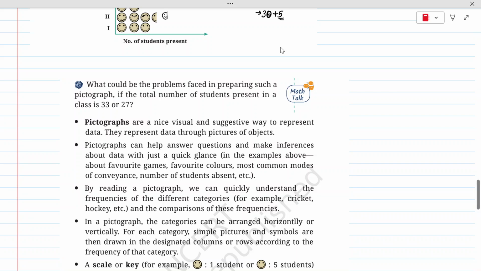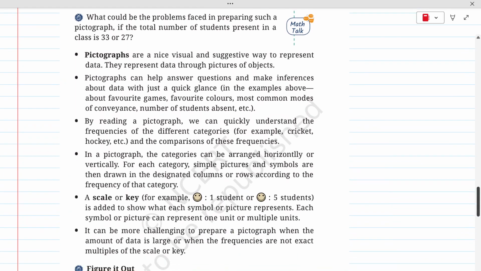But consider the case where we have to represent the number of students as 33 or 27. In that case, there would be an issue, right? So what can we do in that scenario? We can change our scale, or we can use any other method to present that data. All right, now let's move further.